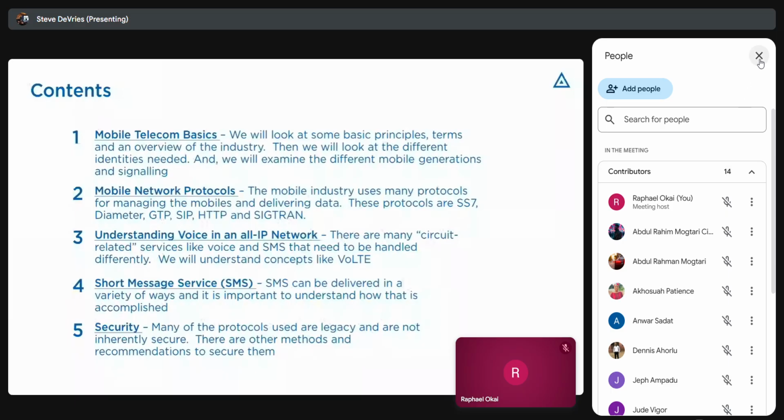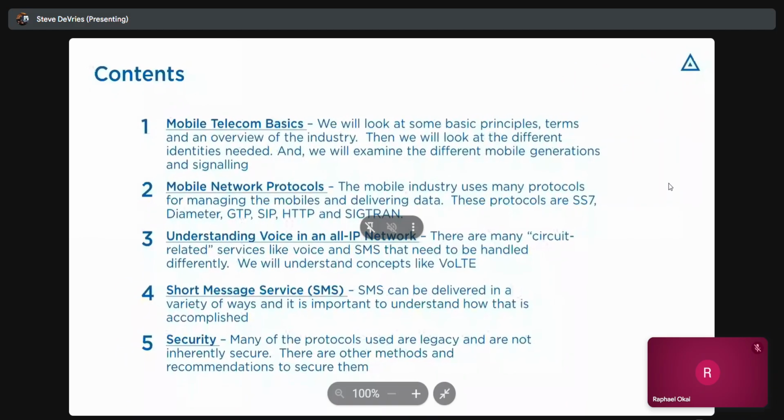You still have to provide voice. You still have to provide for short message service. You still have to provide for things like what are called supplementary services. That would be things like call forwarding and call waiting and three-way calling and those types of things. So they have to be handled differently in an IP network. And I think that's important to understand.